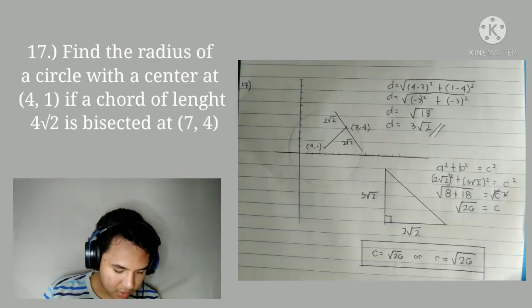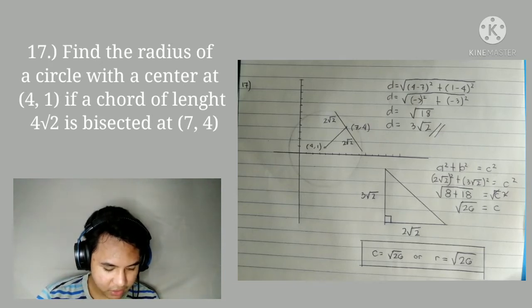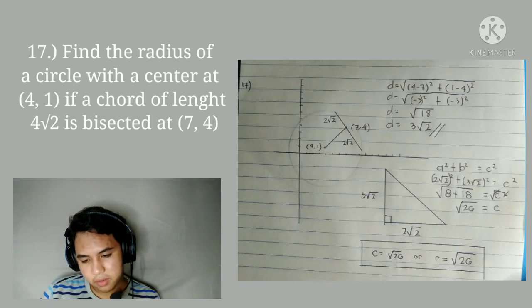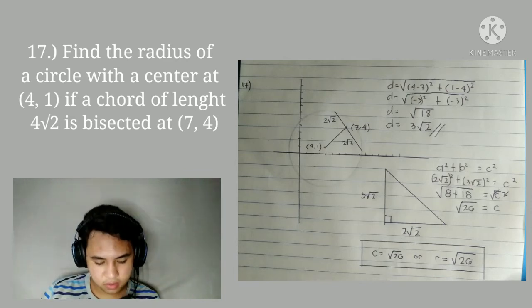For number 17, we are asked to find the radius of a circle with the center at (4, 1), with a chord of length 4√2 that is bisected at (7, 4). Our first step is to draw.